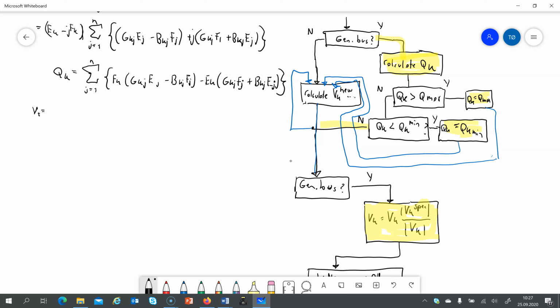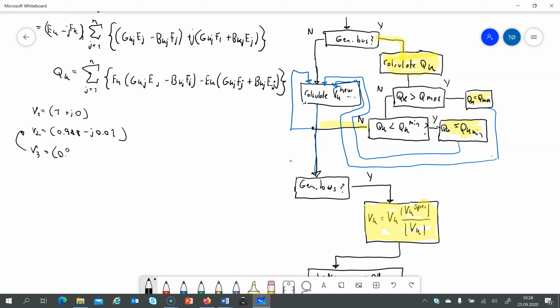V1 equals 1 plus j0, and then this V2 we know for now is 0.988 minus j0.01. We calculated that previously, and then you also actually need to calculate the V3 in the same way as we did the V2.